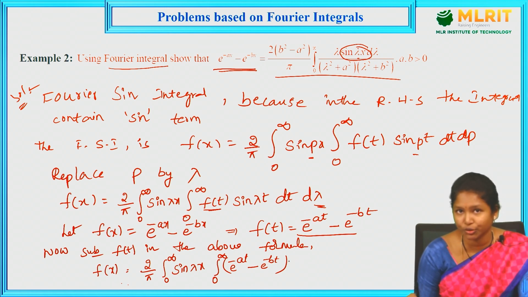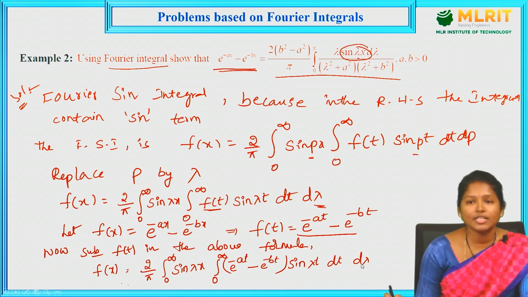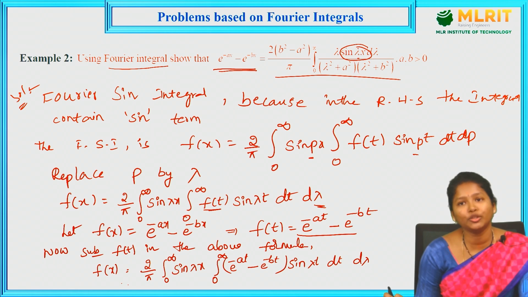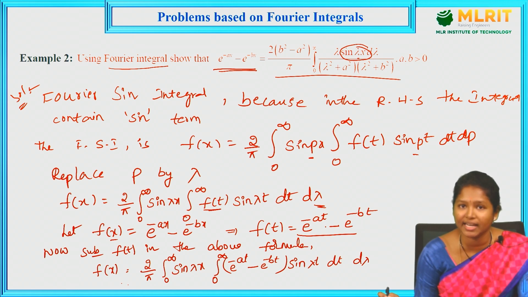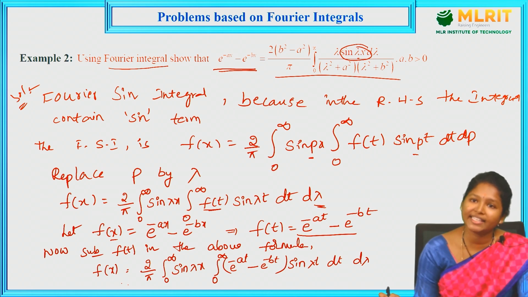So I am substituting. So sine lambda t dt d lambda. First we will replace p with lambda. Next we substitute t in the place of x in f of x. Then we get f of t equal to e power minus at minus e power minus bt. That f of t I will substitute in the Fourier sine integral formula.